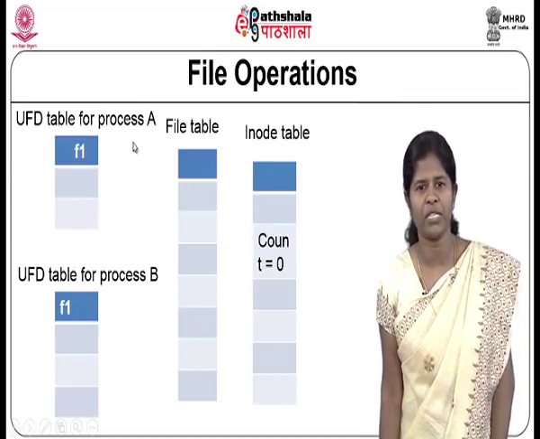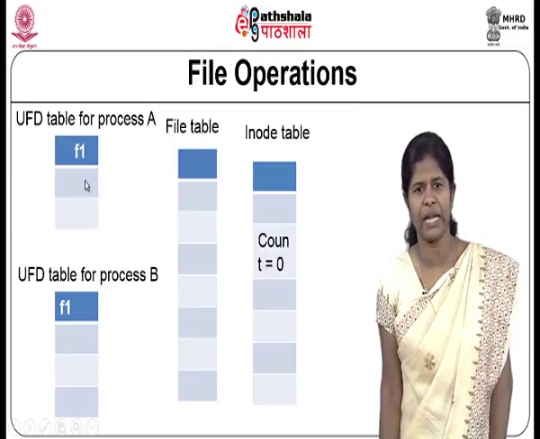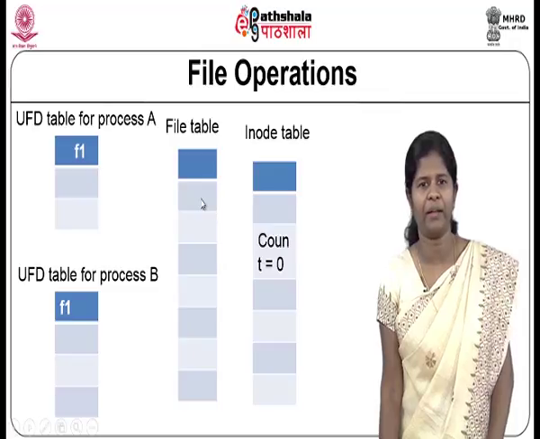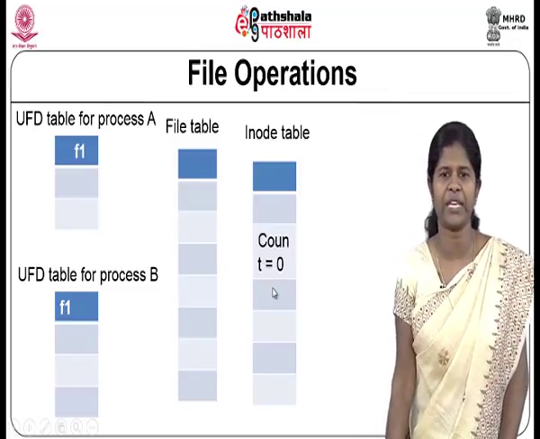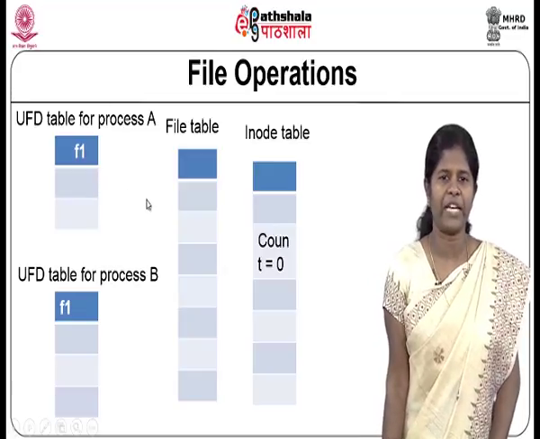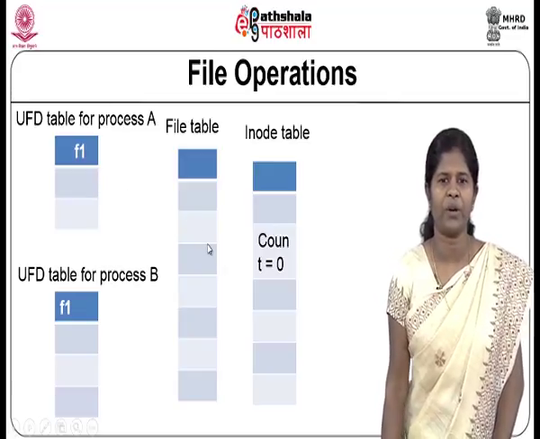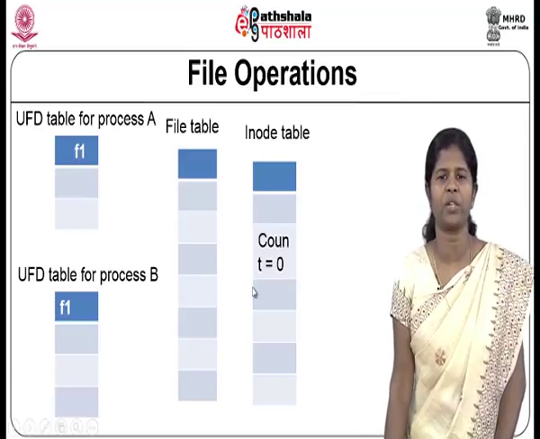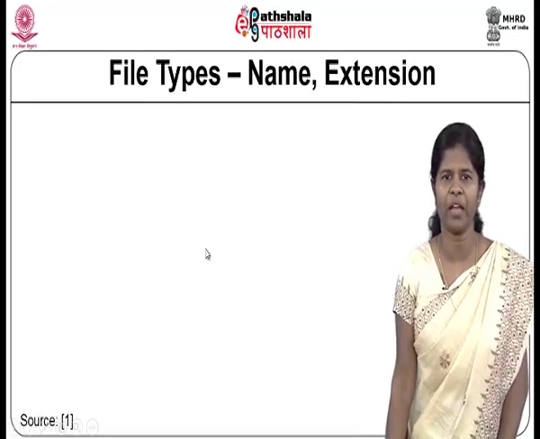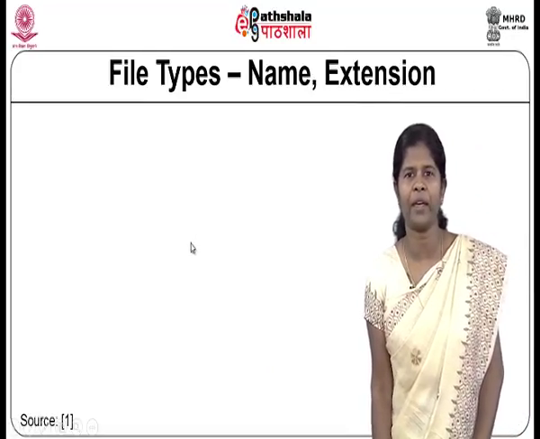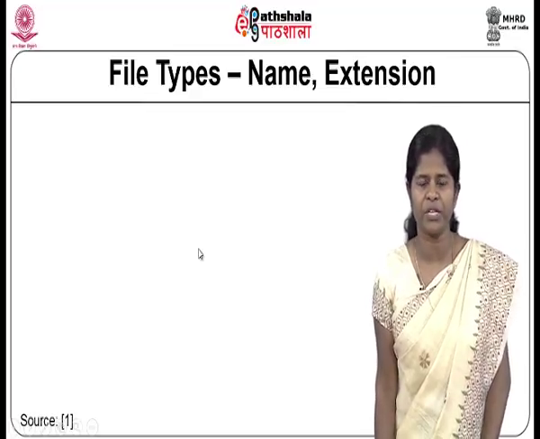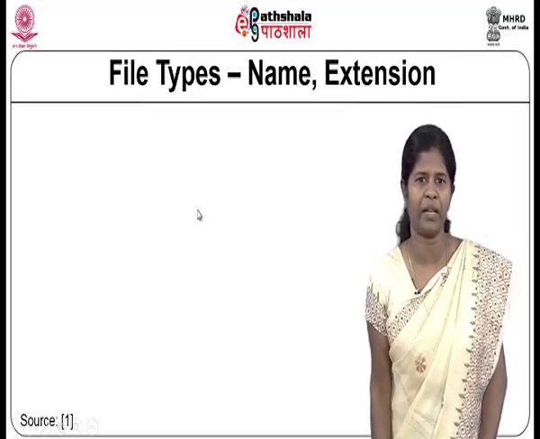Suppose process A also closes the particular file, then the count here will become 0, and the pointer from the file table to the inode table will be removed, the pointer from the UFD table to the file table will also be removed. So, if the count becomes 0, this entry also can be removed from the inode table. So, thus we have seen how opening and closing and reading and writing can be done using this user file descriptor table, file table and inode table.